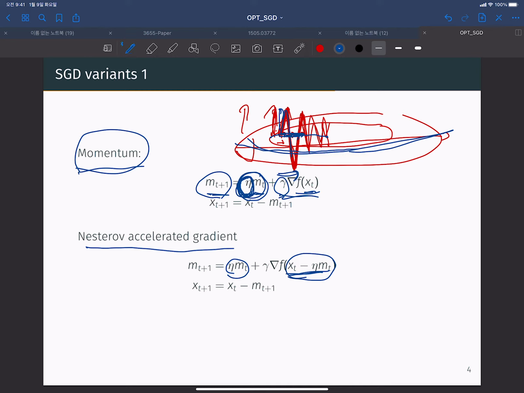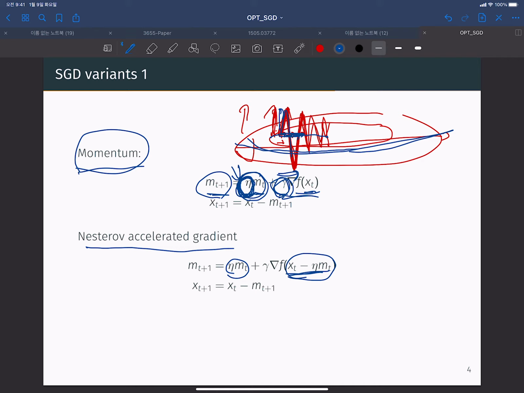If eta is close to 1 and gamma is very small, then the momentum method will keep a lot of past information. On the other hand, if the eta value is very small and gamma is big, then basically the momentum method removes most of the past history and depends just on the gradient at the moment.